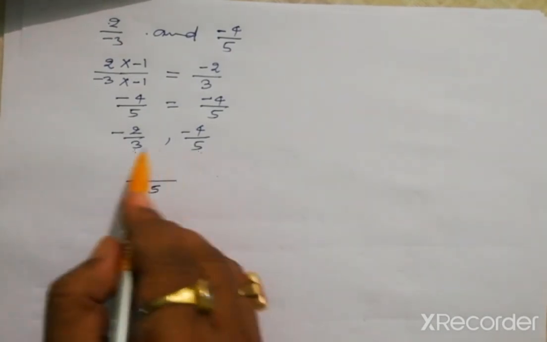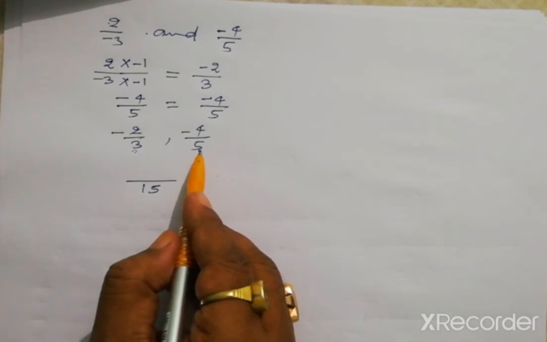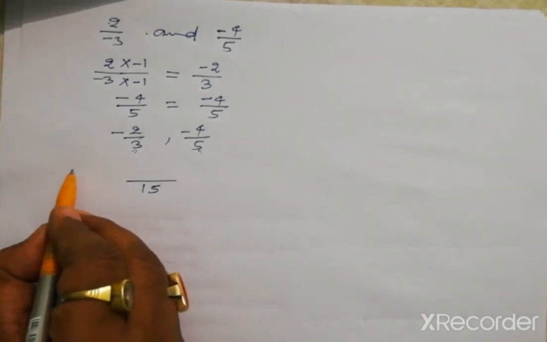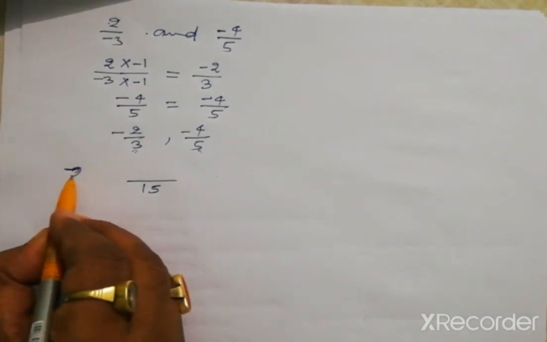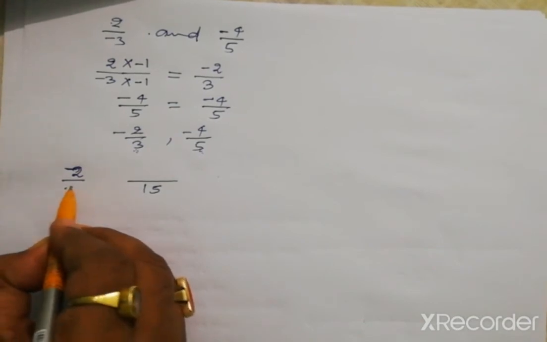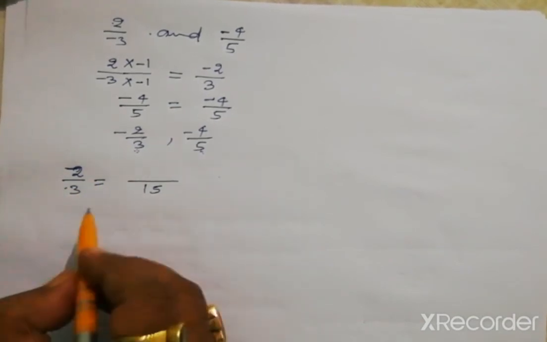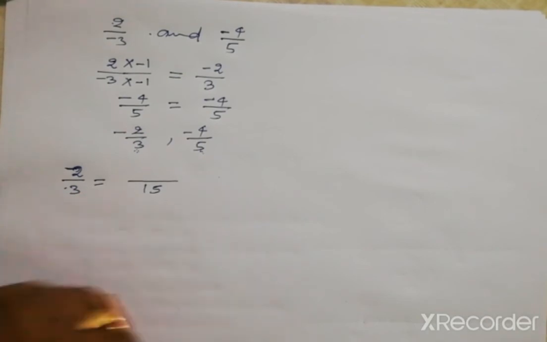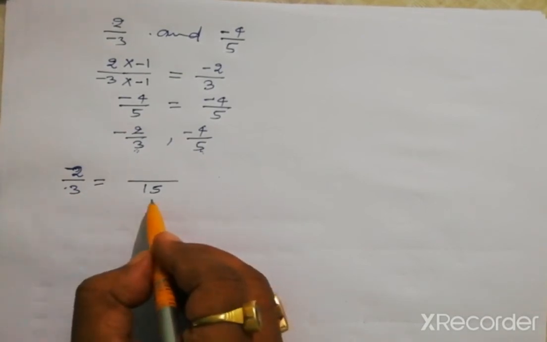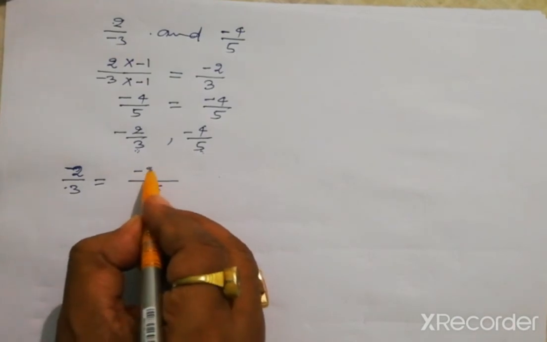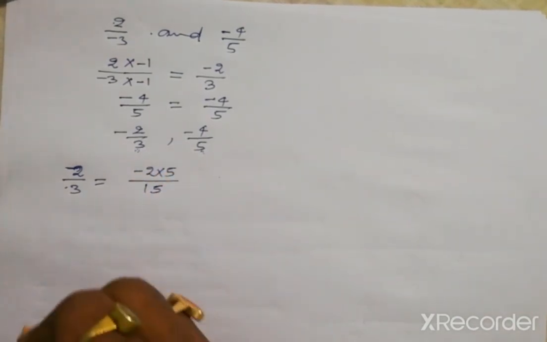LCM of 3 and 5 is 15, then try to change each rational number into the LCM form. So minus 2 by 3 will be converted to minus 2 into 5. Why?